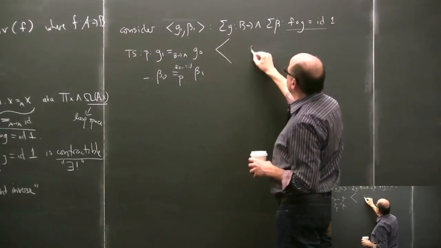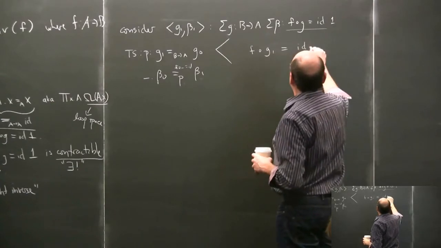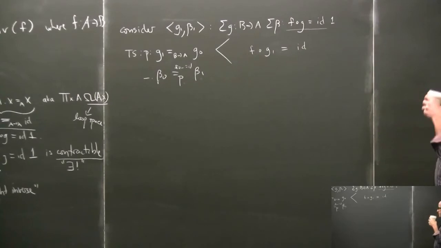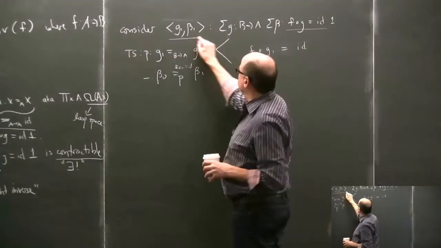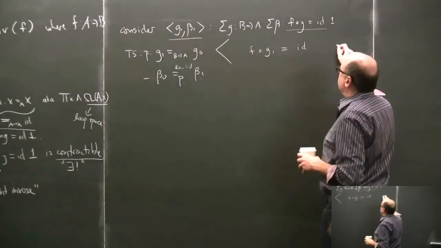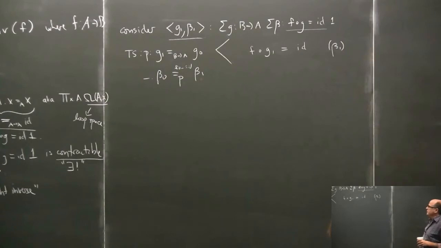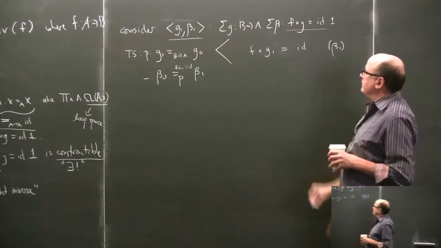So we know that F composed with G1 is equal to the identity of the appropriate type. We know this because we're given this element. This is by beta 1, the reason why that holds. So we agree, because beta 1 says G1 is a right inverse to F.